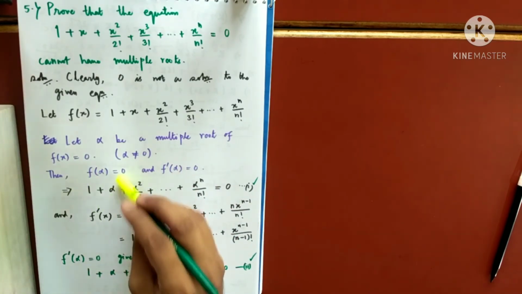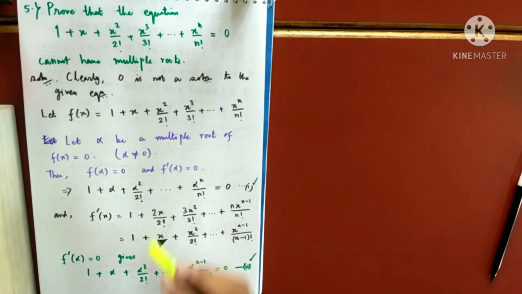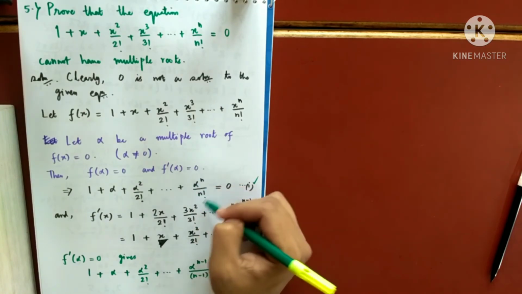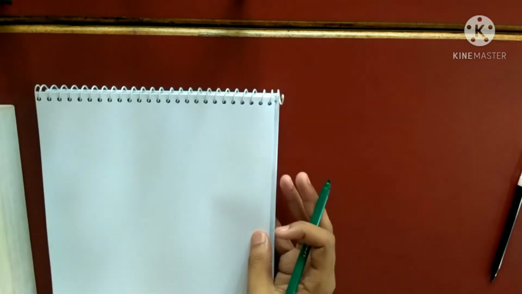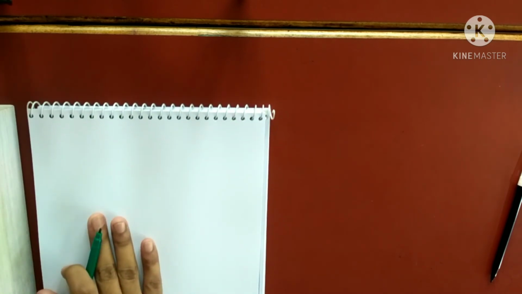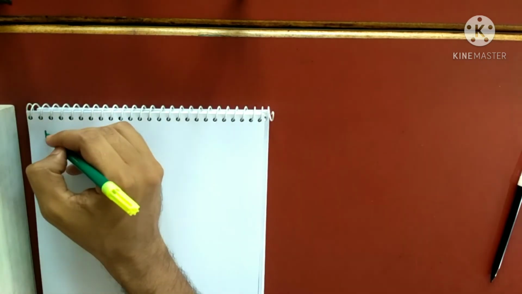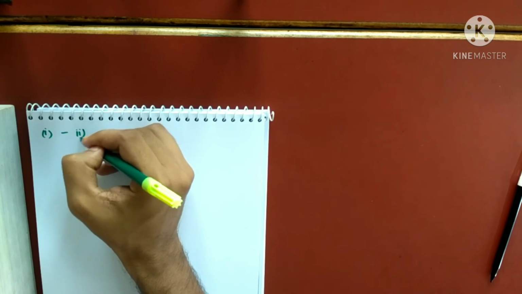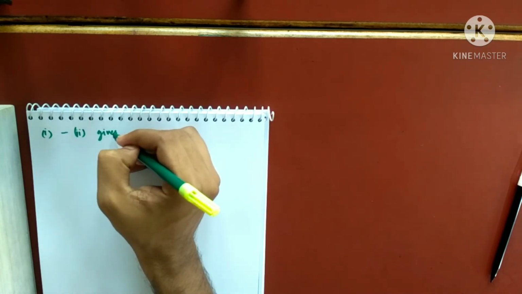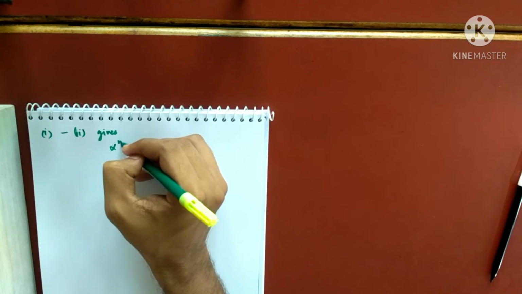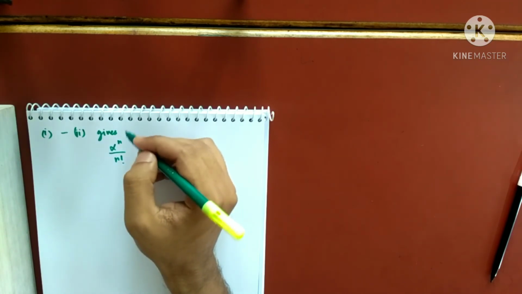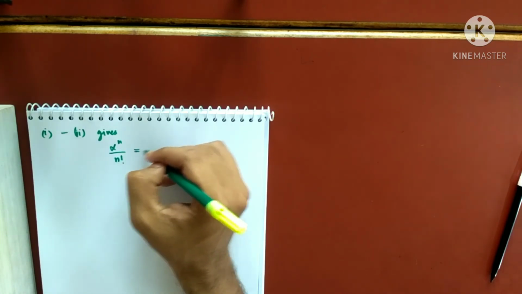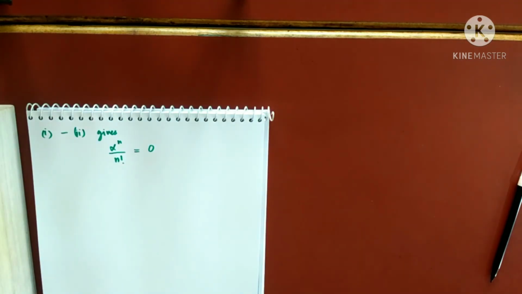I'll just write that on the next page: 1 minus 2 will give us alpha to the power n by n factorial, which is nothing but 0. Did you get my point? How this came? Yes, sir.